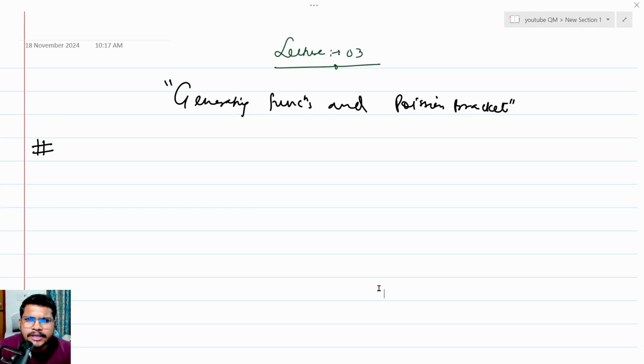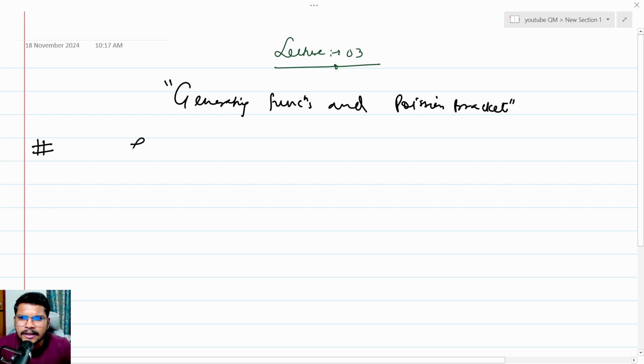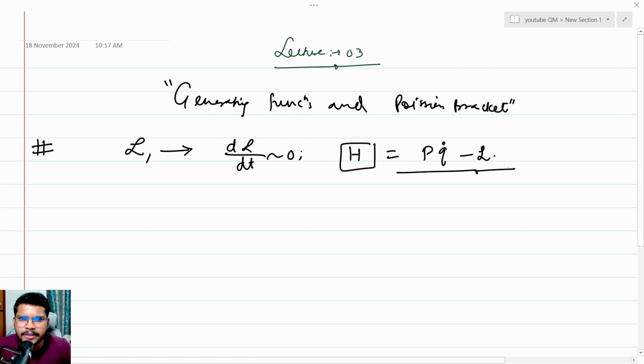Now, what are generating functions and why am I talking about the Poisson bracket? That is the most important part. In the previous lecture, we obtained the equation of motion from the Lagrangian equation. And from there, I told you that if the total derivative of the Lagrangian is constant, then I can easily construct the Hamiltonian, and this becomes PQ dot minus the Lagrangian, where P is the momentum, Q is the coordinate, Q dot is the generalized velocity, and L is the Lagrangian.